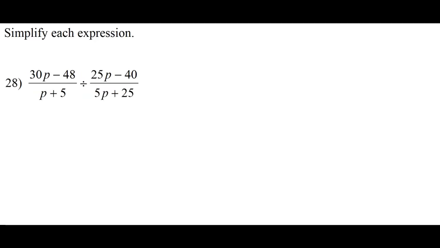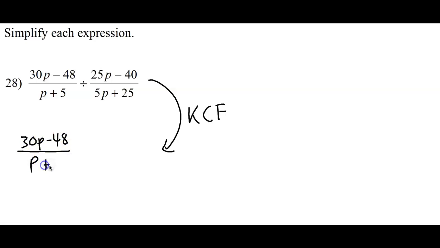Division's a lot like multiplication, it just has one extra step. And that extra step is to keep, change, flip. Keep the first fraction exactly as it looks for now. Change the division symbol into a multiplication symbol and flip the second fraction over.